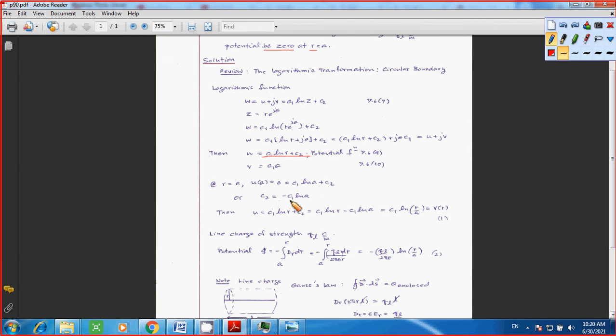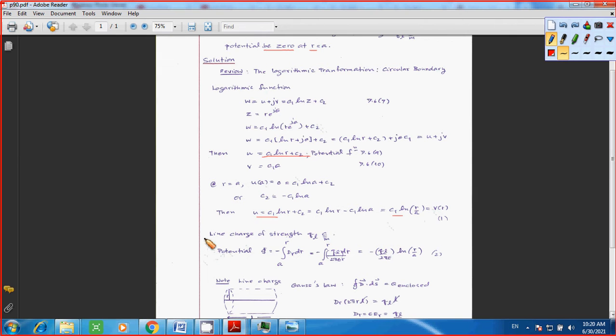So you end up with C2 equal to negative C1 ln A. Then from U equal to C1 ln R plus C2, you know the relation between C1 and C2. So U becomes C1 ln R over A. That's your potential at any particular distance R.